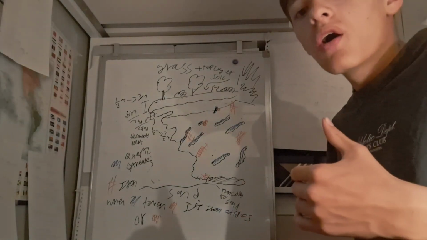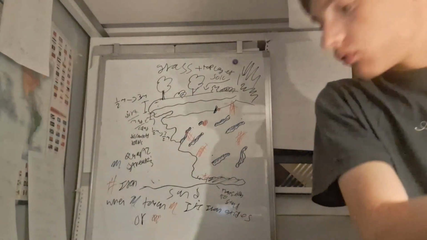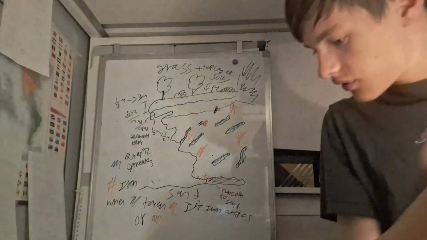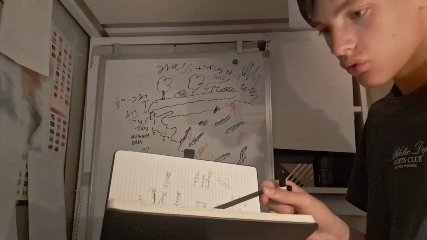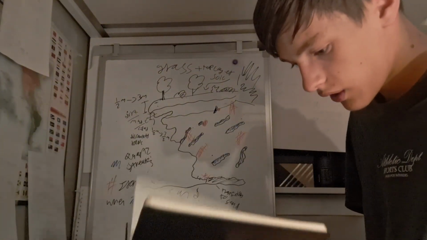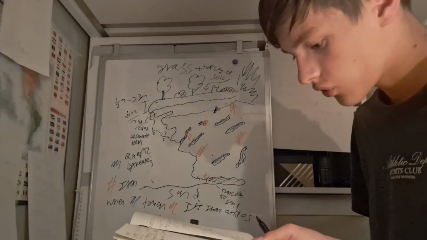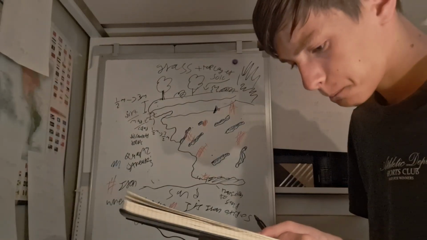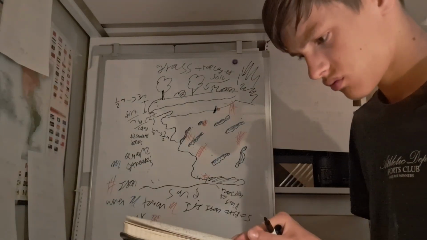Then you can have a very unusual form, which, okay, I might look in my book because I wrote it down. Yes, you can have an unusual form of quartz called... where is it?